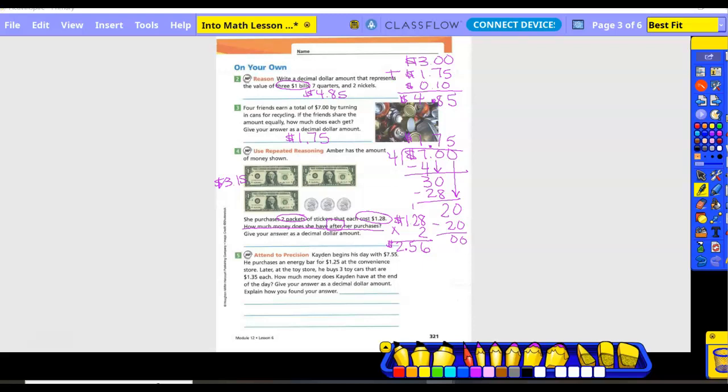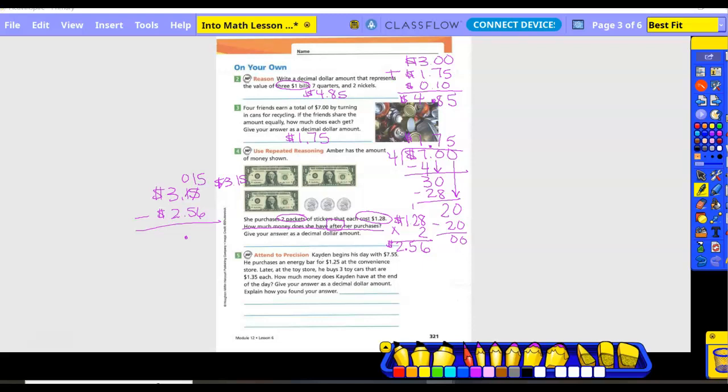Now what do I need to do? Do I need to add, subtract, multiply, divide? Subtract. So I need to take $3.15 minus $2.56. Bring down my decimals. Can I take 6 from 5? No. So this becomes a 15.